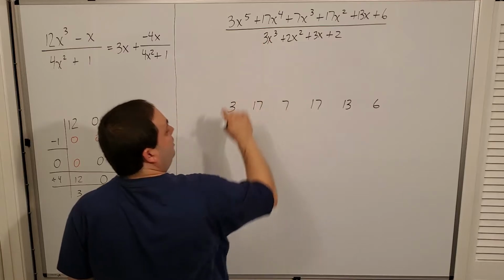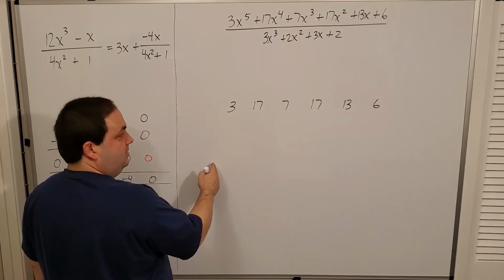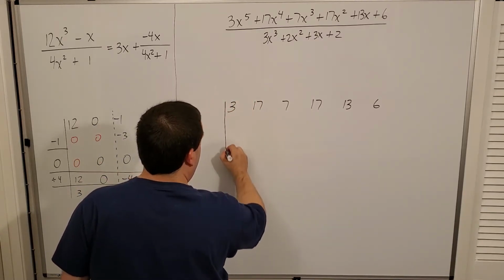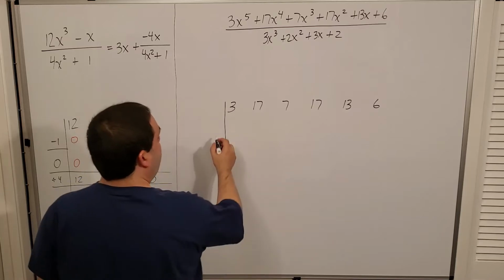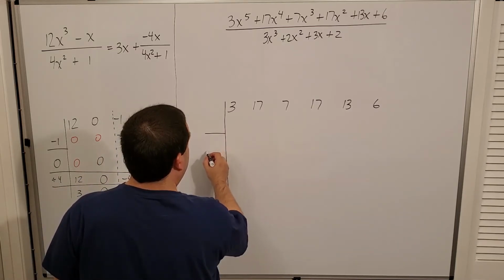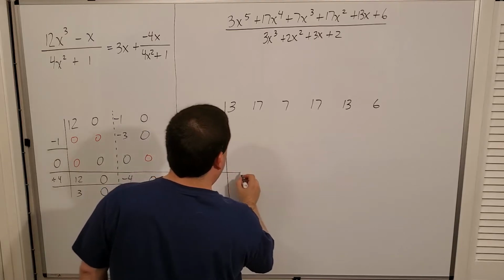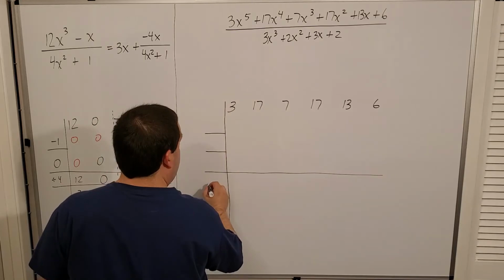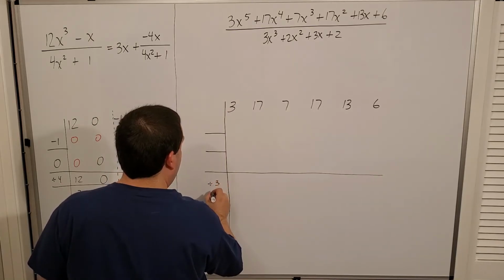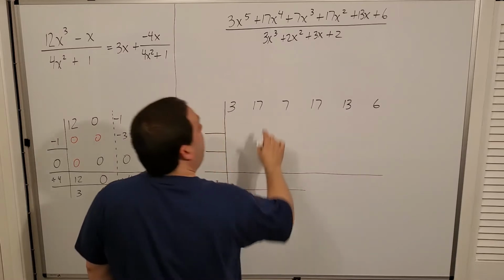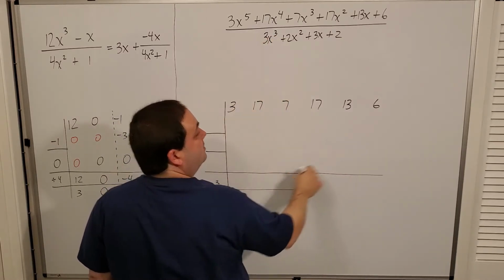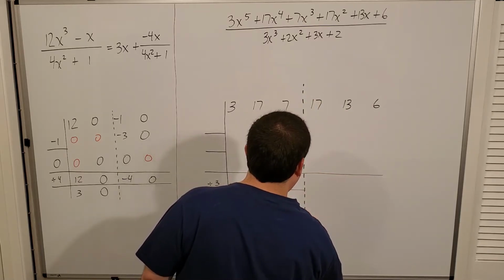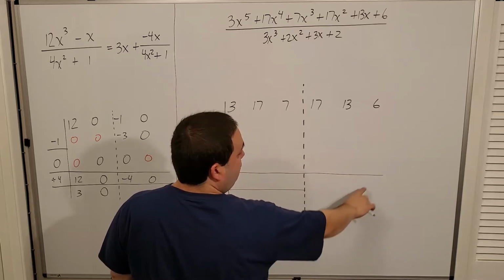This is cubed, so I should anticipate 3 boxes, and I'm going to need a division rule. So I'll just draw a big old line here. I need 3 boxes. 1, 2, and then 3. And then I also have a division by 3 rule. And I should have 3 remainder spots. So these 3 columns here, this is where the division rule should cut out. These 3 are going to be the remainder spots here.